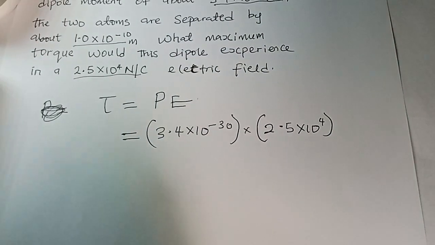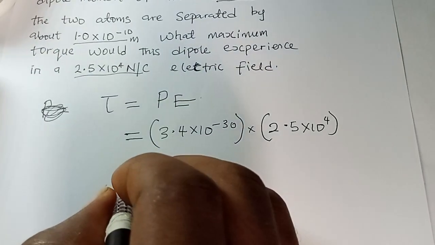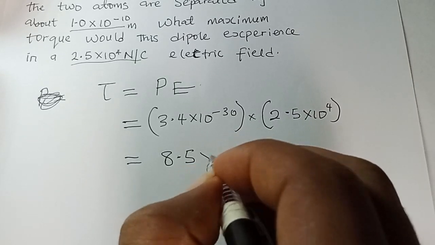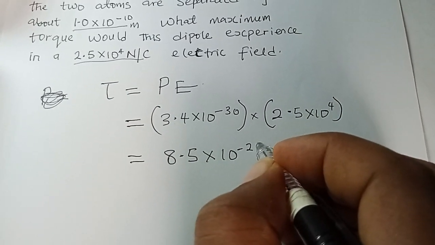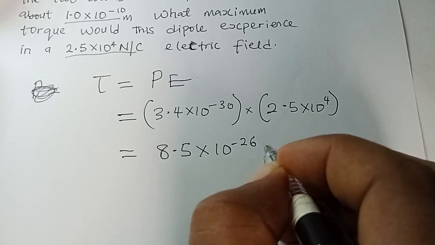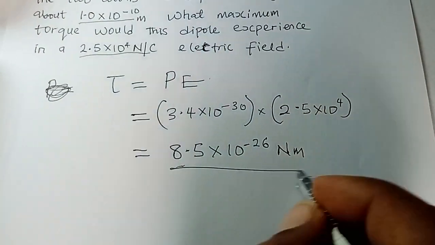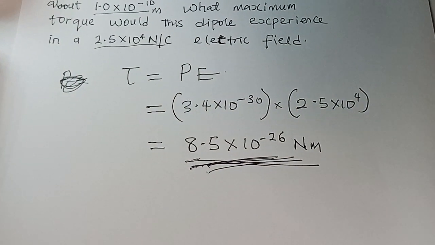If we punch this correctly in our calculator, we should get 8.5 times 10 raised to the power of minus 26 Newton meter. Remember, from last semester's physics, Newton meter is the unit for torque. So that's that for now.